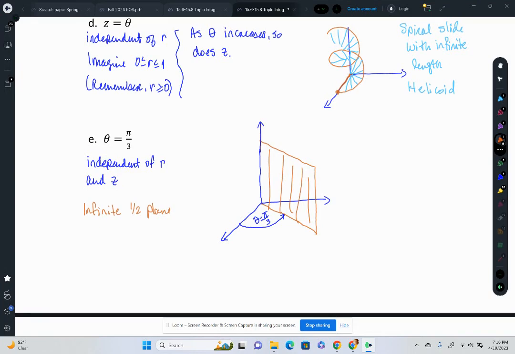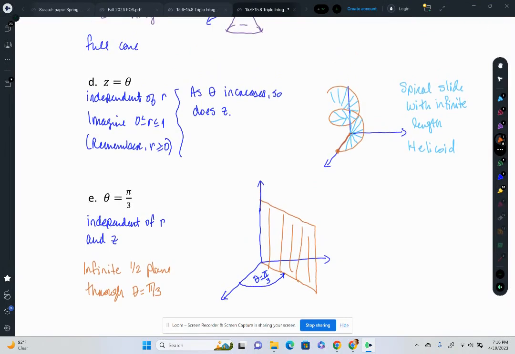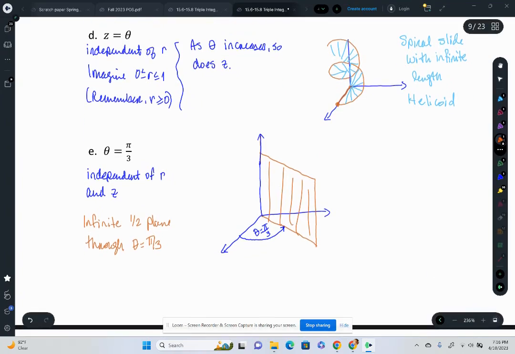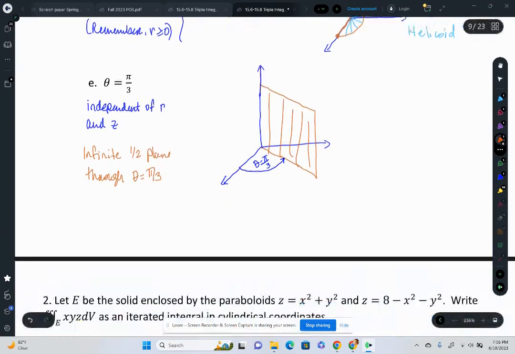Okay, so it is an infinite half plane through theta equals pi thirds. So that's our lesson on converting from rectangular to cylindrical, cylindrical to rectangular, and then taking some cylindrical equations and trying to identify them in rectangular and give them a name.